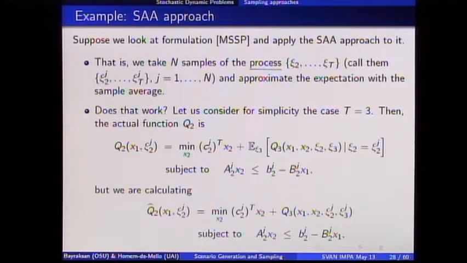But what is the problem? How do you compare this one with this one? Do you see any problem? Instead of calculating this, we are actually calculating this. Compare these two problems. What is the difference between them?